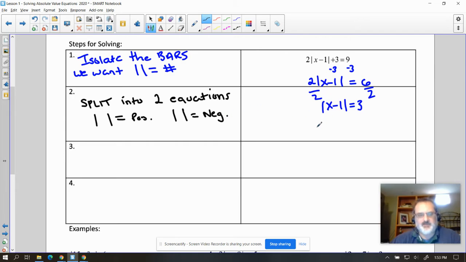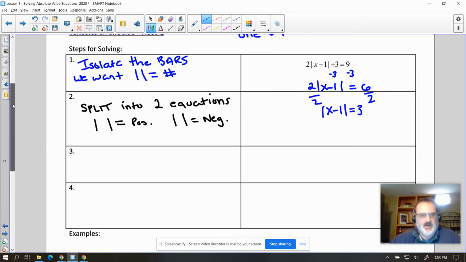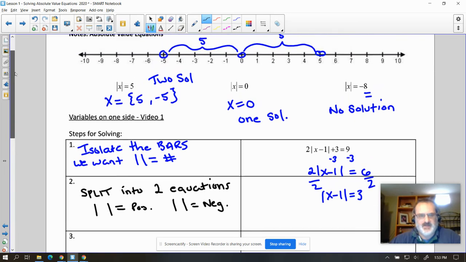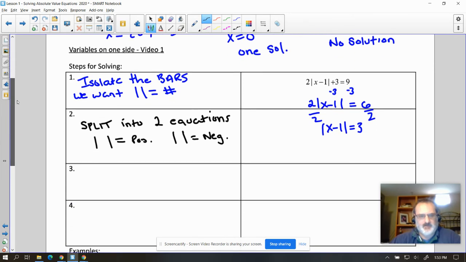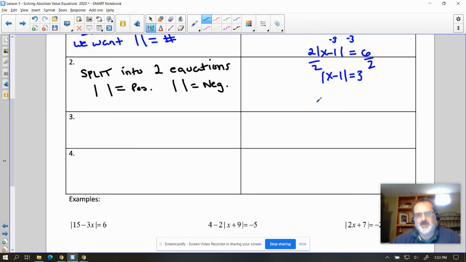And that's going to give us both cases where we're on both sides of 0. So the two equations that we want to split this up into are positive and negative. So we would say x minus 1 equals positive 3, and x minus 1 equals negative 3.